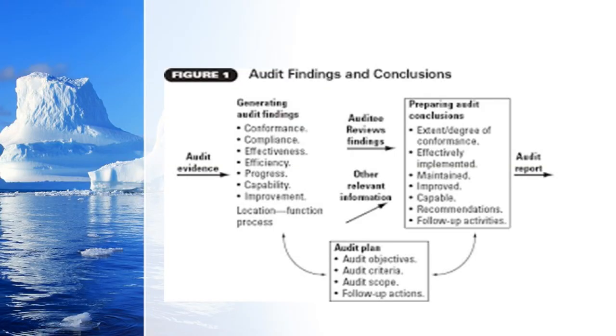So evidences need to be created for the particular aspect. Generating these audit findings would include conformances, compliances, effectiveness, efficiency, progress, capability, and improvement. All these aspects come under generating audit findings. What would the auditee do then?